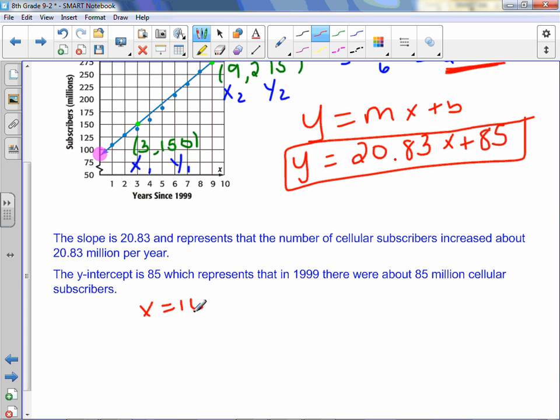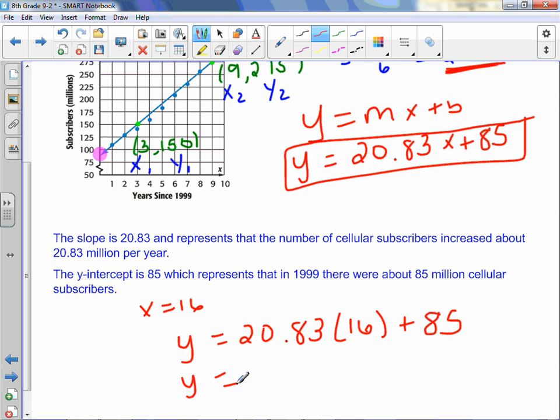So let's take our equation and plug in 16. 20.83 times 16 plus 85. Plug it in the calculator and we would get 418.28.